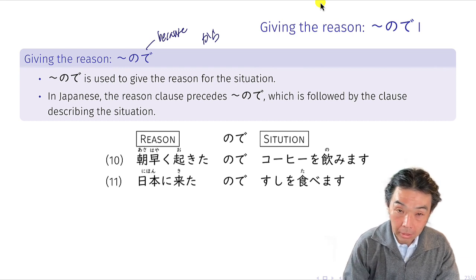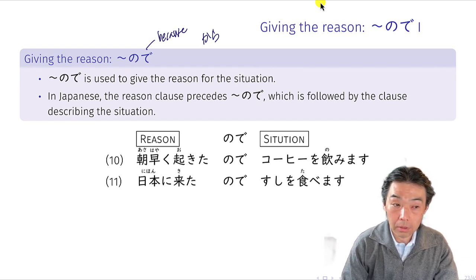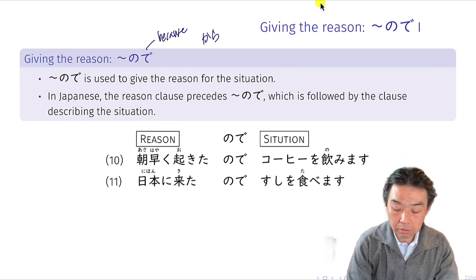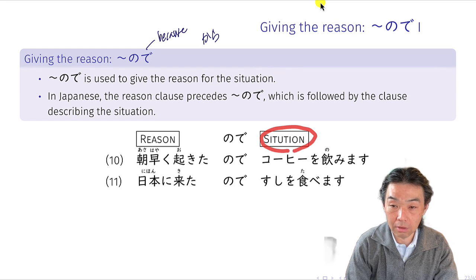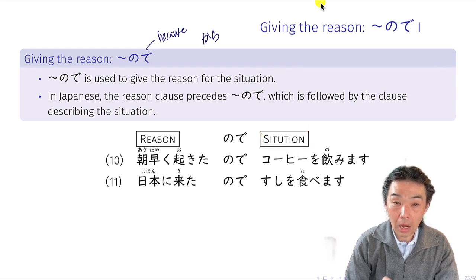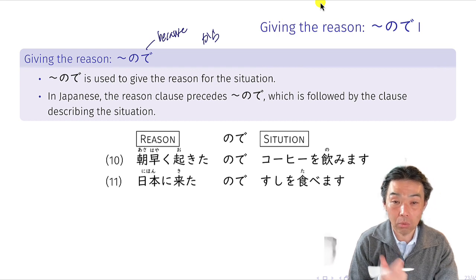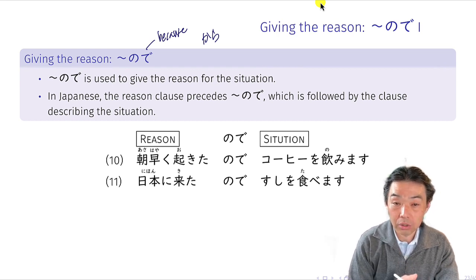So one major usage of because in Japanese is we always say reason first. Reason followed by node and the situation or consequence. Which is again, as often it happens, backwards of English, right? So English usually says situation first, because, reason.